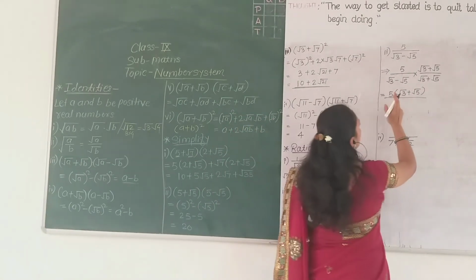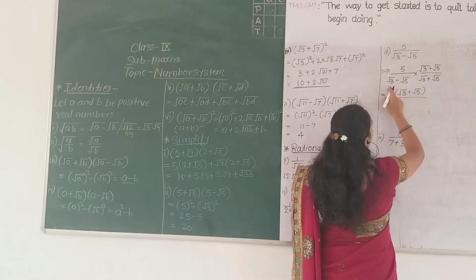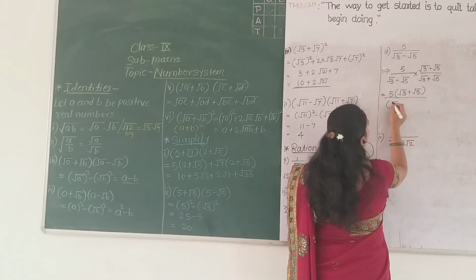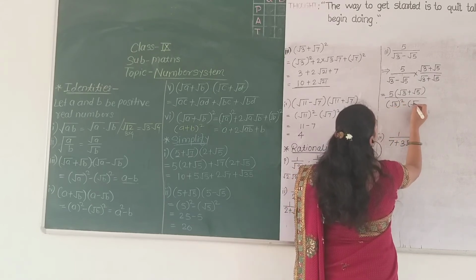And in the denominator, a minus b into a plus b. So it is an expansion of a square minus b square.